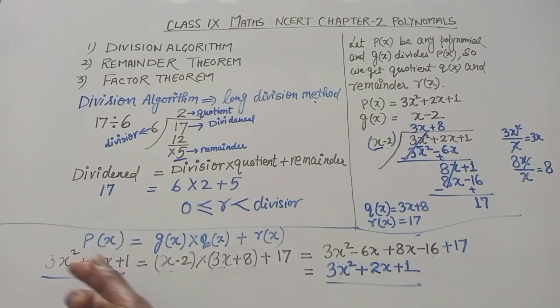So verify that px is equal to, it means dividend of a polynomial is equal to divisor of the polynomial into quotient of the polynomial plus remainder of the polynomial. Okay, these types of a question comes in a 2 marks or a 4 marks.